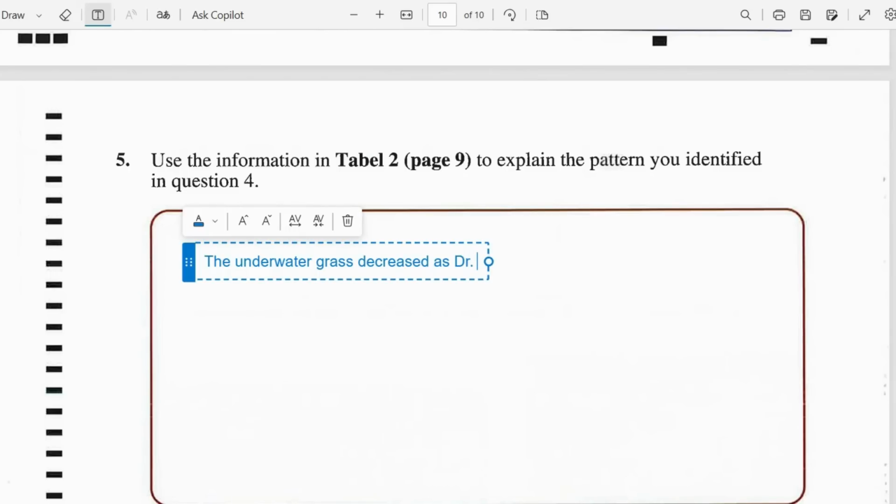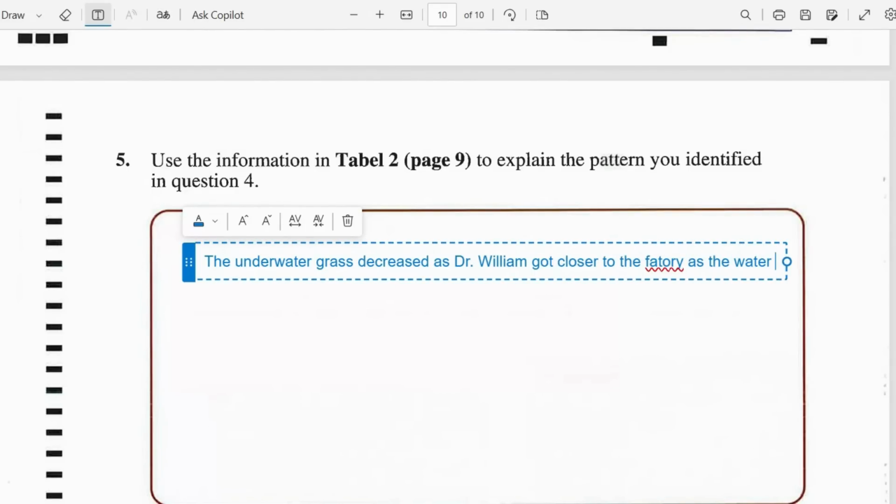As Dr. Williams got closer to the factory, as the water was more polluted.